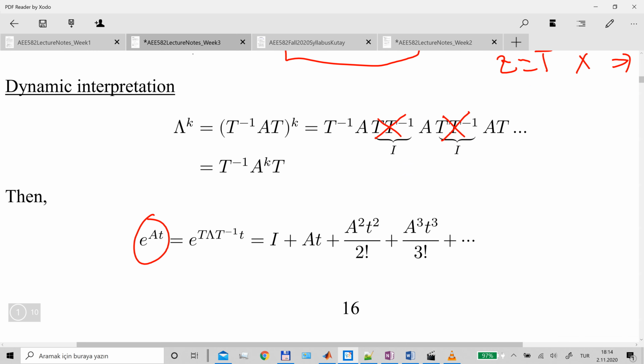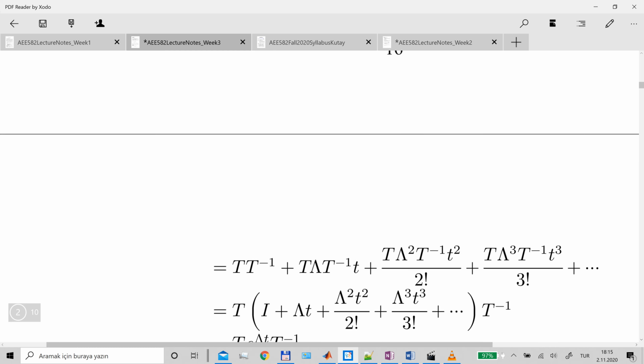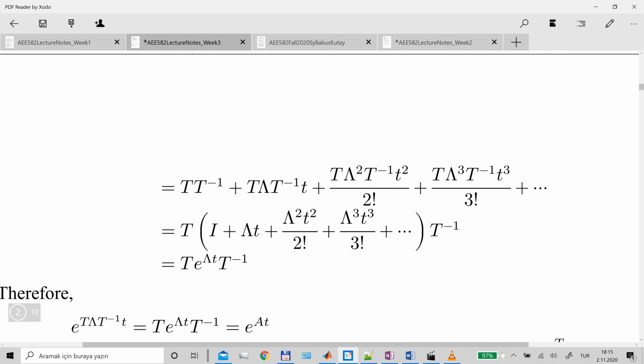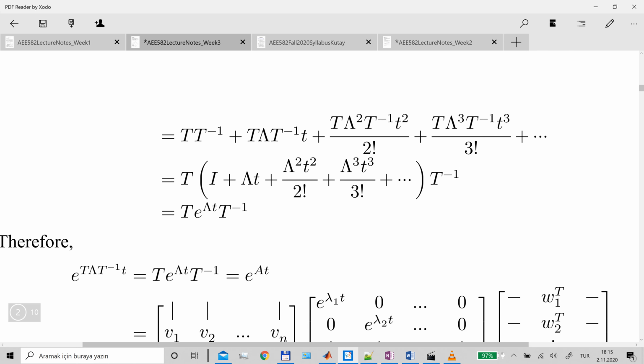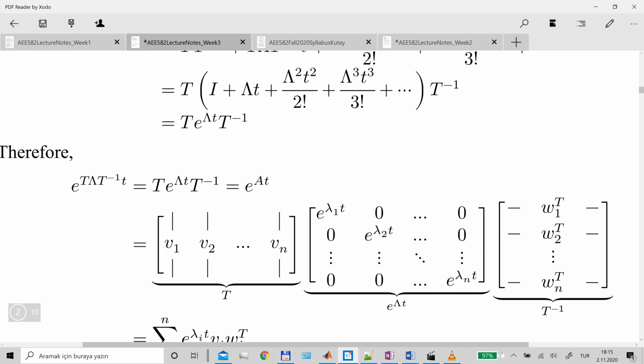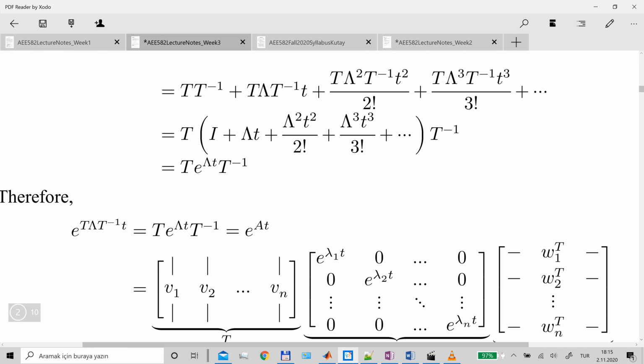Okay, so that means when finding this matrix exponential, you can use this series expansion, and in the series expansion, the powers of the A matrix can be replaced by the lambda matrix. The significance of that is the power of the lambda matrix is quite simple because lambda is just a diagonal matrix.